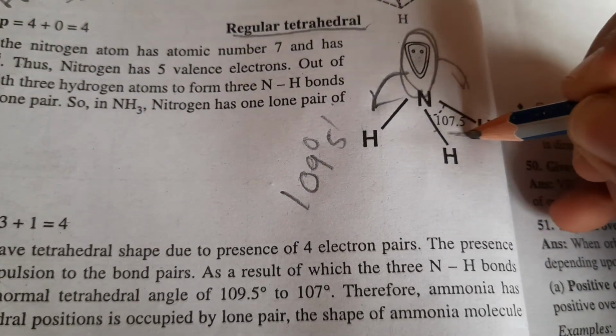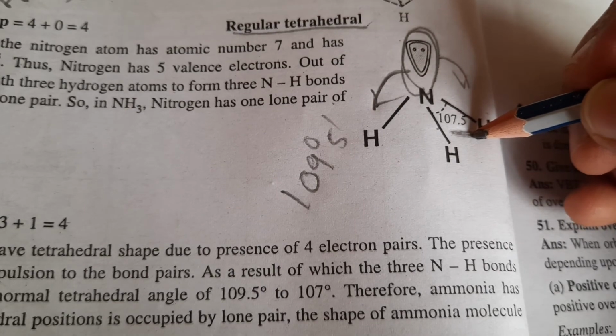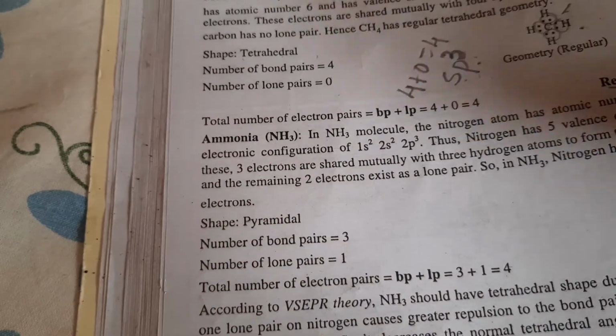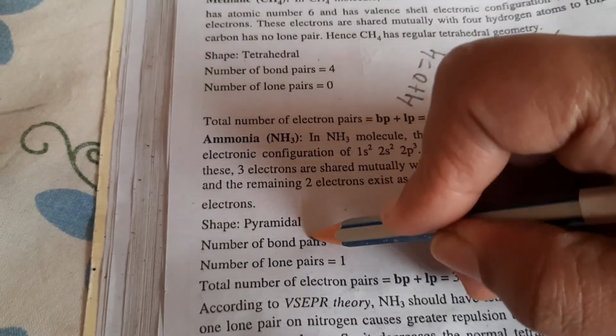It will show a bond angle of 107.5 degrees. And shape wise, the ammonia molecule turns to a pyramidal shape.